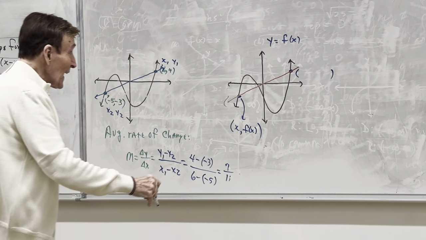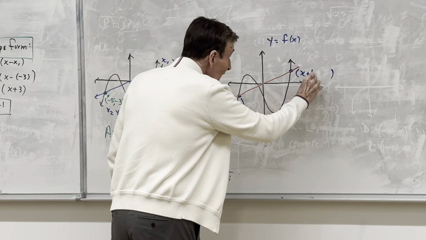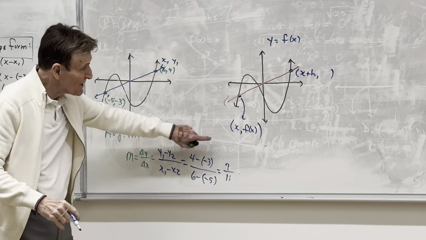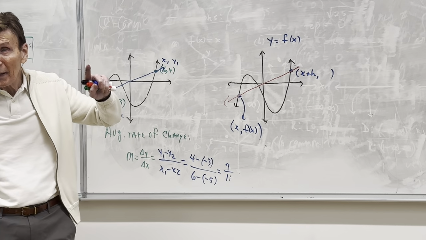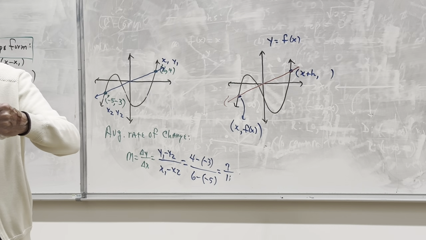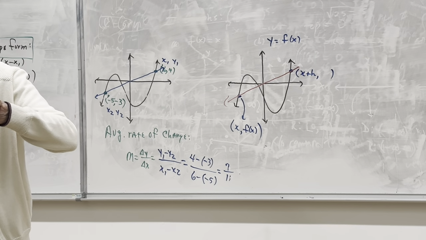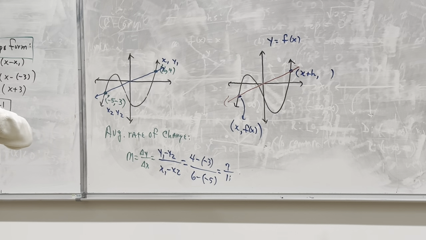Most textbooks will use an h. They attach an h to show that the next point up there is different than the first one. So they call it x plus h, and it is different. Some textbooks may use different notation. I think your textbook uses an h.